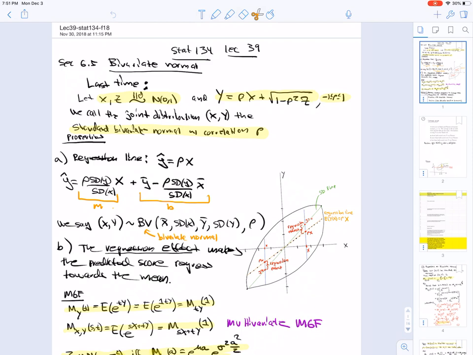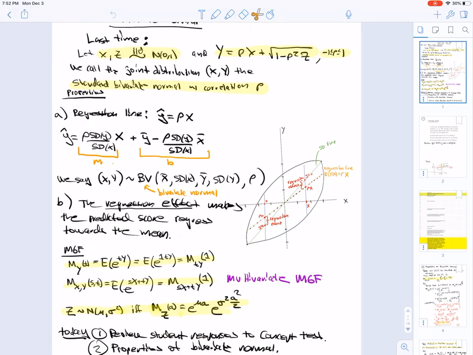Last time we were doing the bivariate normal, and a new property that we learned was the equation of the regression line, which of course when x and y are in standard units is y equals rho x. But if it's not in standard units, we have a slope rho SD_y over SD_x and a y-intercept given below.